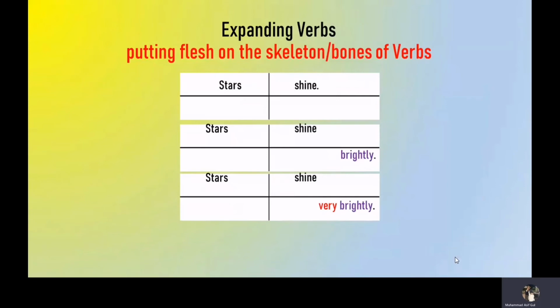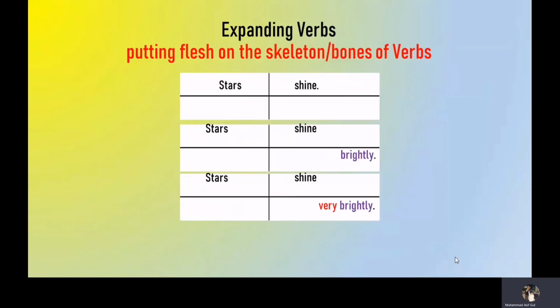So this is how we could expand verbs. We can further expand it if we say that stars shine very brightly. We have expanded it. Here, both of these words, very and brightly, act as adverbs.